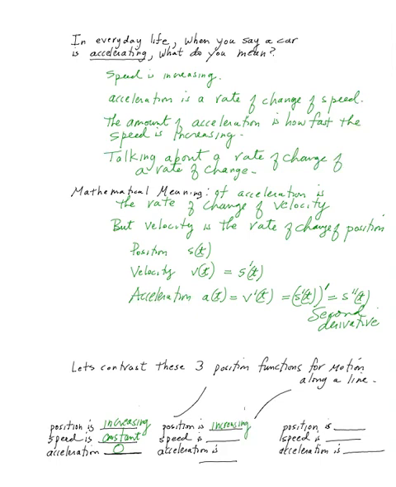In other words, for all three of these graphs, in every case, the position is increasing because the graph is getting higher from left to right. But in the first case, with the linear position function, the speed is constant, while in this second case, the speed is increasing also.